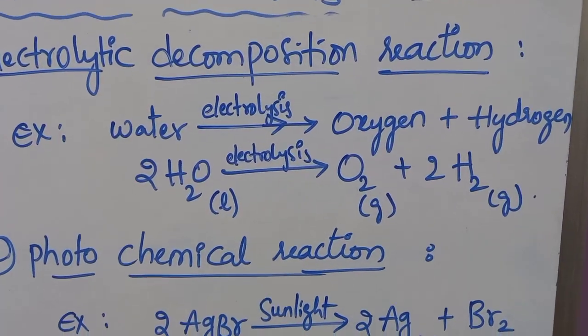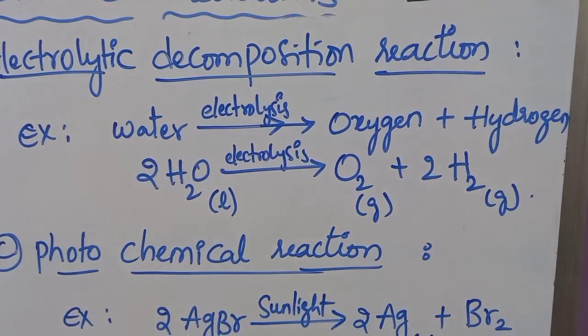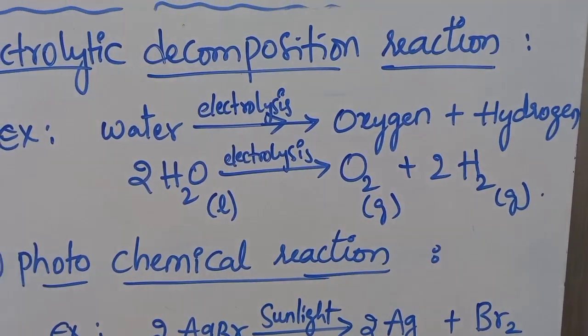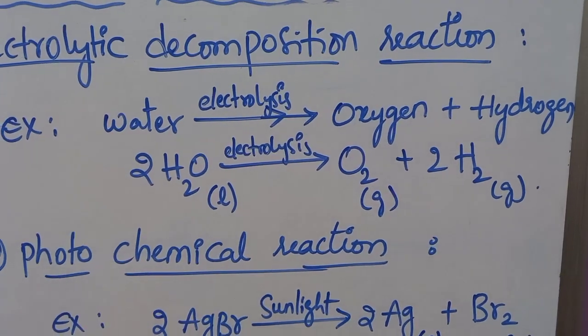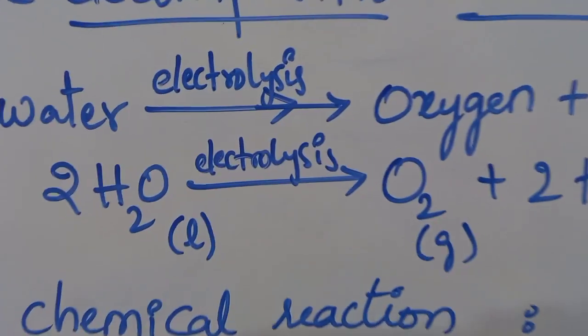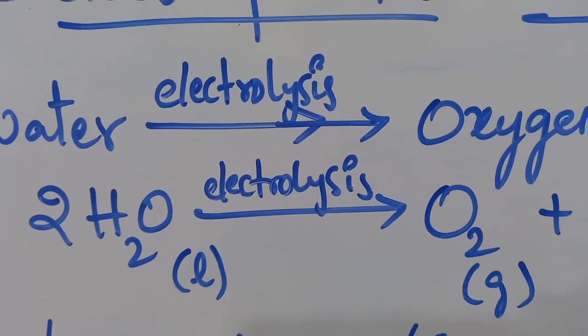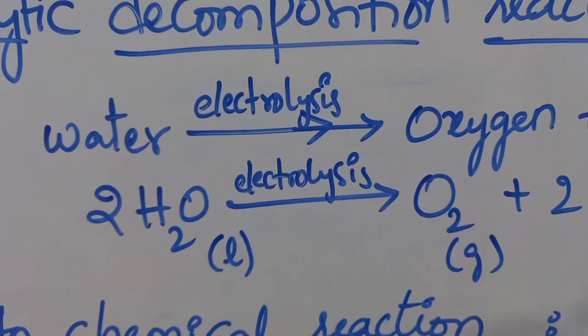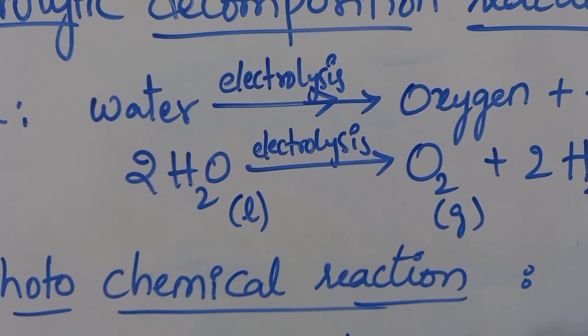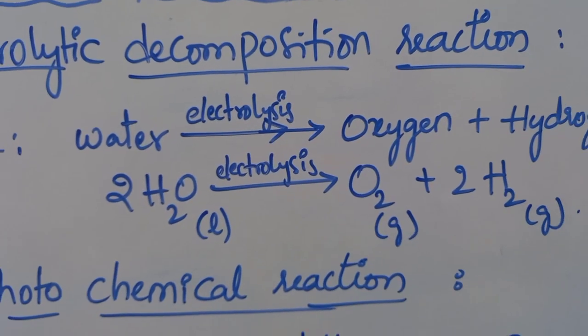Water can undergo decomposition only when you pass electricity through it. Breaking down of water molecules upon passing electricity is called electrolysis. Why? Because electro indicates electricity and lysis indicates breaking down. Here a water molecule breaks down on passing electricity.